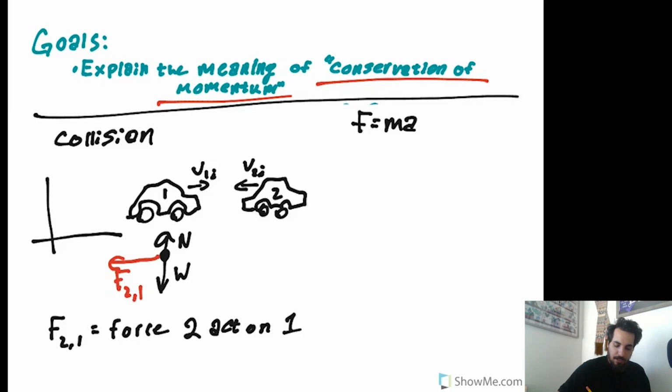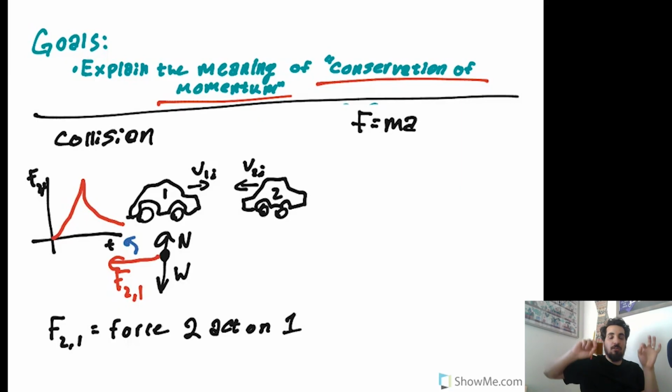And if we were to look at this force on a graph, where we graph out the force 2 on 1 versus time, it would be something that peaks and then drops down. And again, you've seen this in lab when you've seen those acceleration curves and you've seen this huge peak or this huge trough. This is the behavior that we see with a collision.